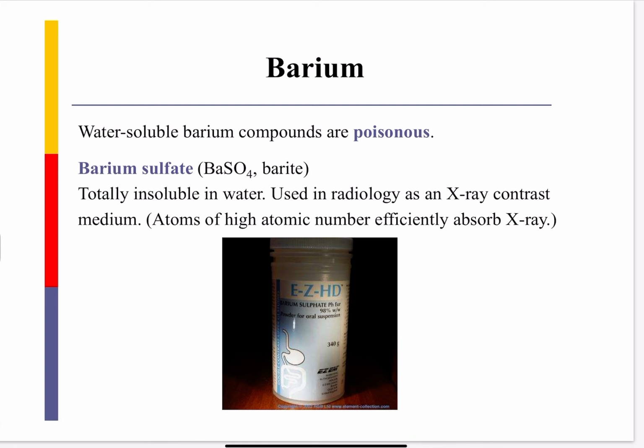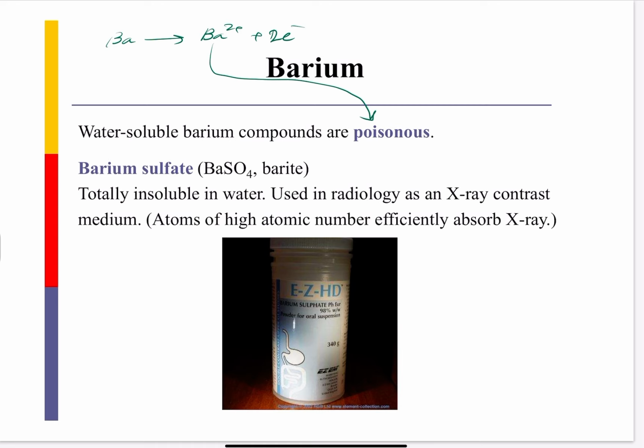Barium is very poisonous. It is very dangerous and can kill people very easily. It can lose electrons and become barium 2 plus, which is very poisonous.